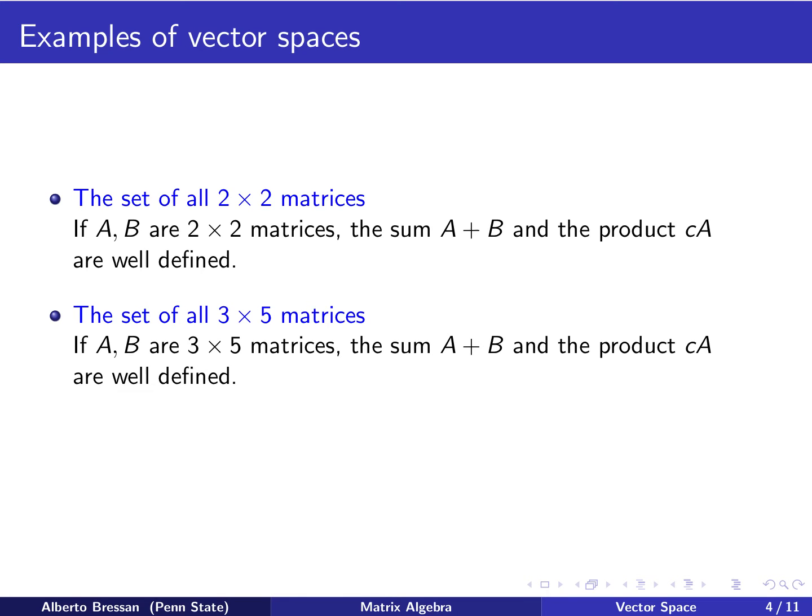You might have noticed that in this discussion, the 2 by 2 dimension is not restrictive. We can look at, for example, the set of all 3 by 5 matrices. And then the same claim would hold, because the two matrices A and B will have the same dimension, so you can add them up, and the scalar product is also well defined, resulting in a matrix of the same size.